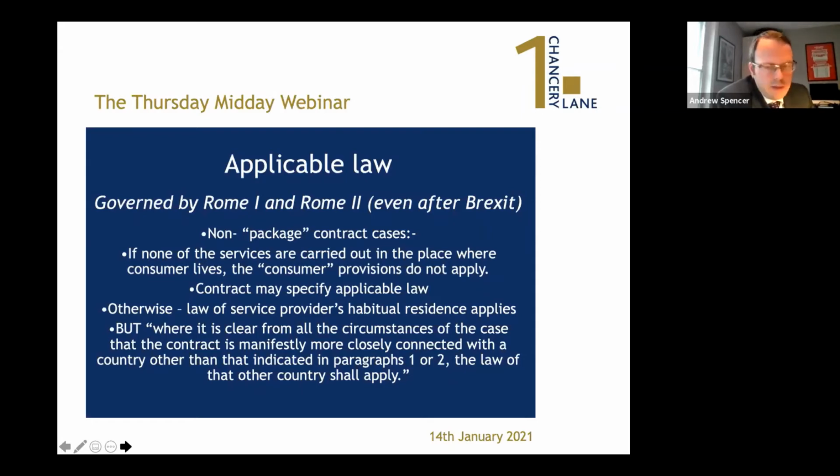It is the damage itself, not the indirect consequences of the damage. I don't think we're likely to need to worry about the difference between the damage and the event giving rise to the damage, because in the context of clinical negligence, it seems to me they're always going to be the same place. And what it means is the general rule is going to be, it's the law of the country in which essentially the medical treatment occurred.